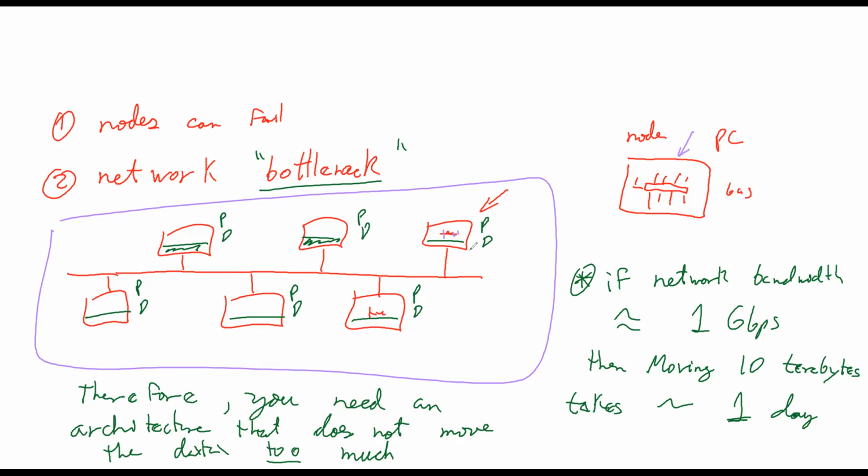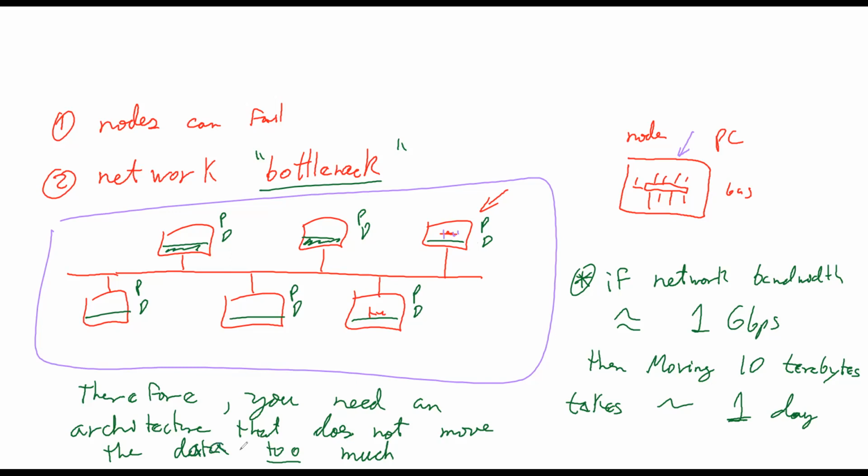So you limit how much you use, and that's a good one. So therefore you need an architecture that does not move the data too much. And that's why that's written there. So we're getting a sense of how this should work.